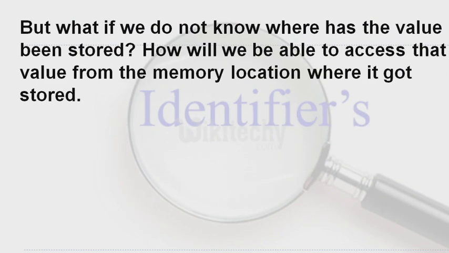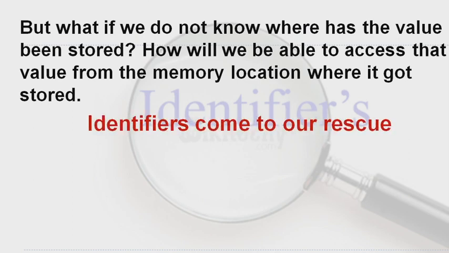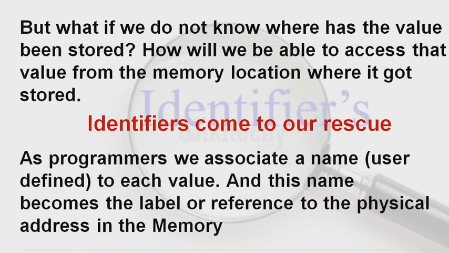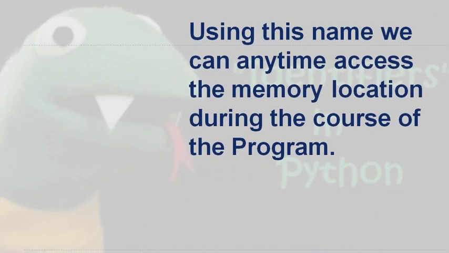So what is to be done? We use identifiers to name these locations, and we associate these names with some values, and whenever we want that value, we just call them using the label or reference or the address of the memory. Using this name, anything can be accessed from memory locations during the program.